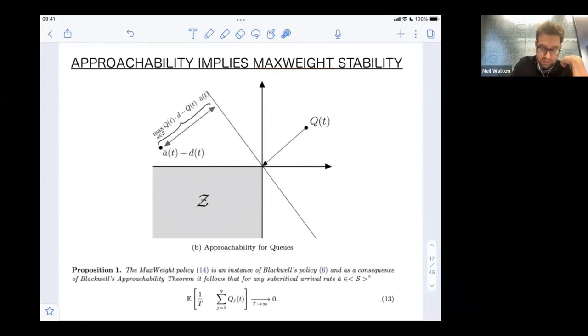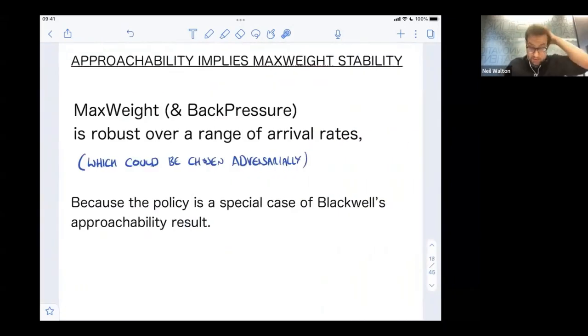By doing that maximization, it achieves something that lands in this region and then approaches the set where the queues are equal to 0. Just as there's a connection between online learning and Blackwell, there's a connection with a widely studied set of queuing networks through this Blackwell result as well. So there are nice connections between approachability, adversarial learning, and the stability of queuing systems.